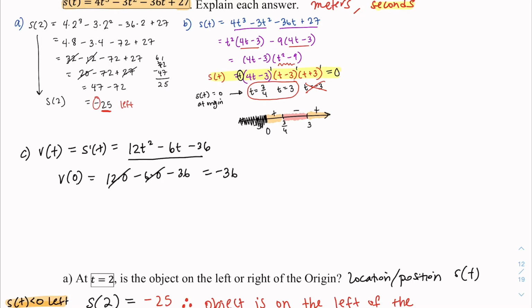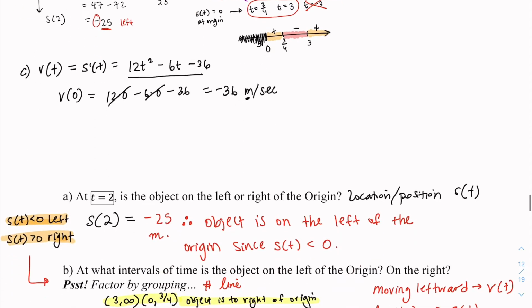So initially, the velocity of the object is -36. Let's use the proper units. That would be meters per second. We're talking about the rate of change of the position. So what does that mean to answer our question? Are we moving leftward or rightward?